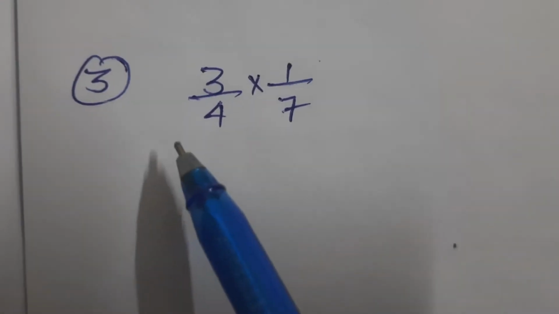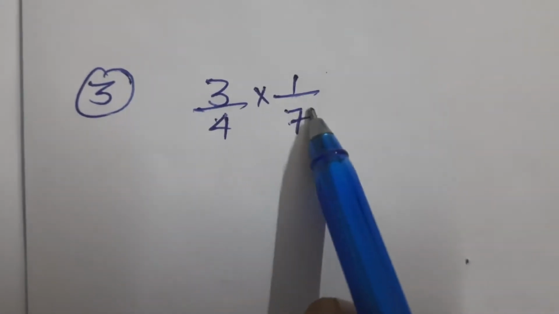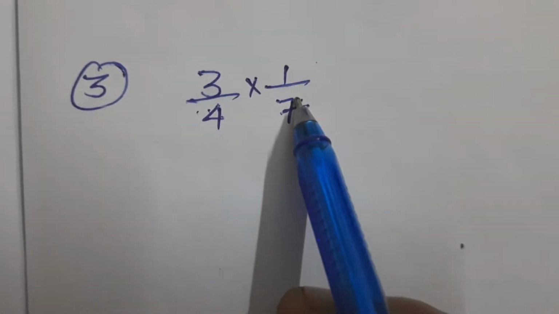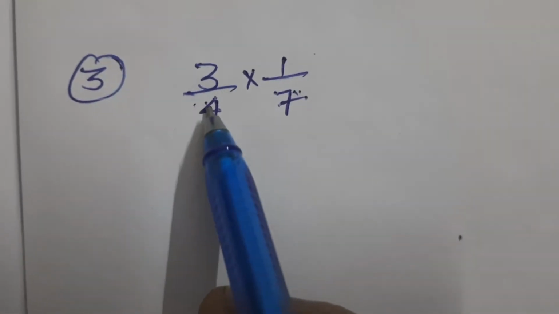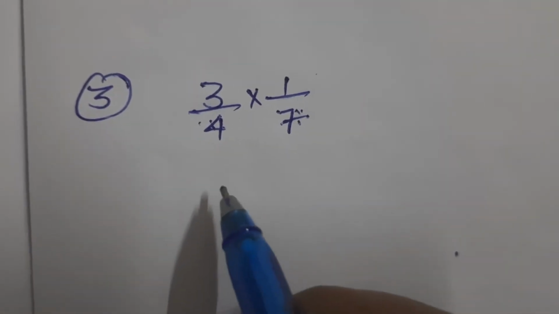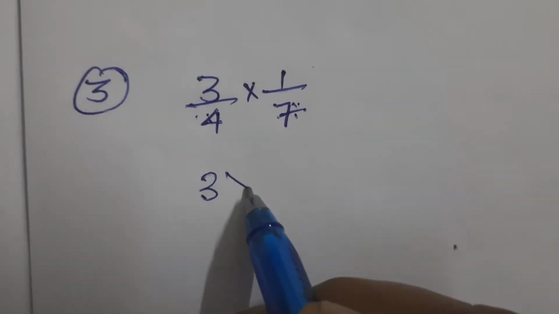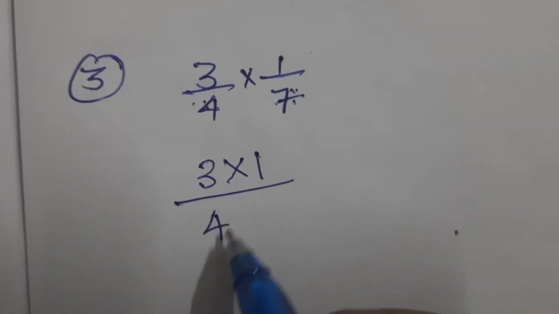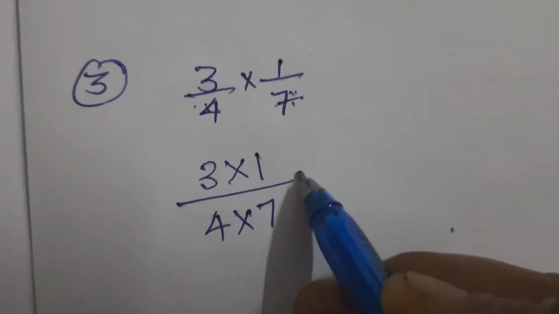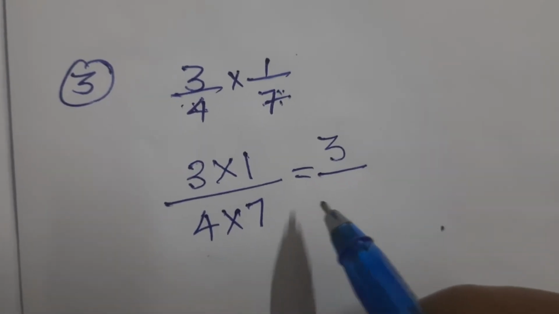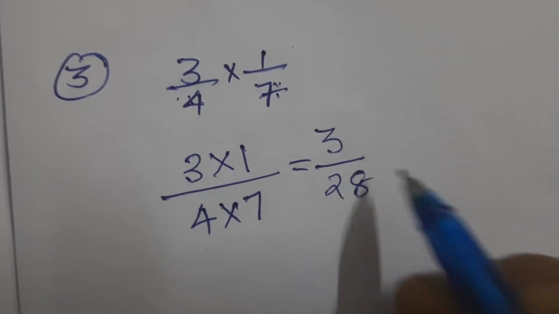Let's see another example in which we are going to multiply two rational numbers. In the previous example, we multiplied it with an integer. Here we are going to multiply this with another rational number. Here also we have to multiply the numerators together and the denominators together. So here we get 3 into 1 as 3, 4 into 7 as 28.